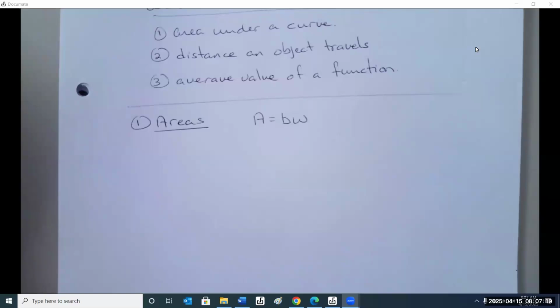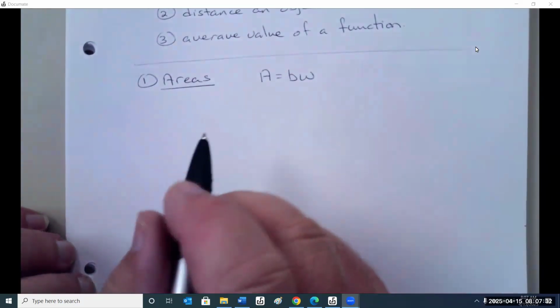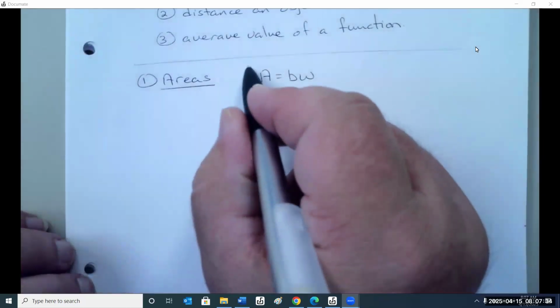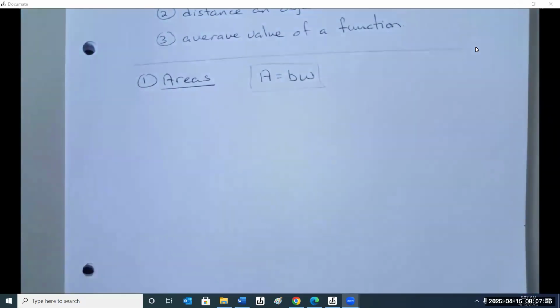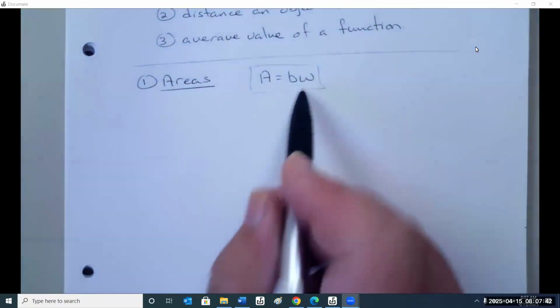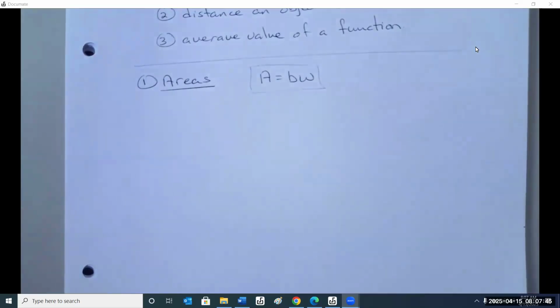Area is base times width. I mean, this should have been easy. It's been calculus. This has been algebra 1. Should have been pre-algebra, actually. That's what an area is. We're going to be using the area calculation, because if we're looking at areas, what do we need to find the area? We need to have a formula. The formula is this basic formula here.